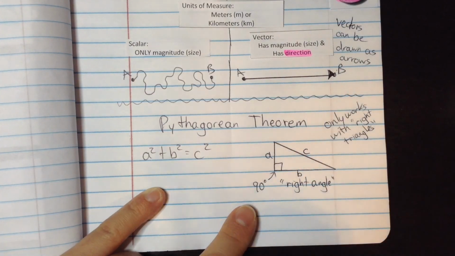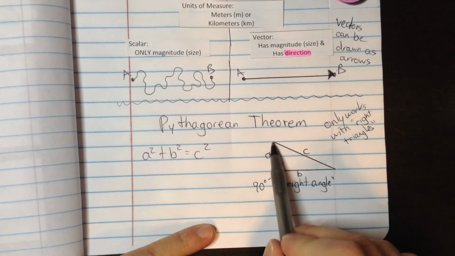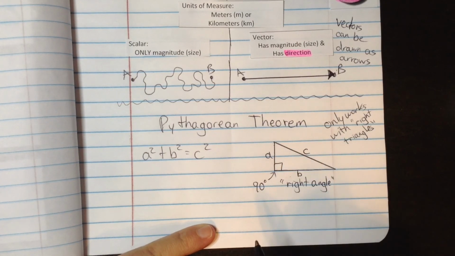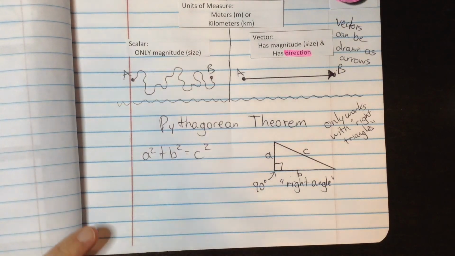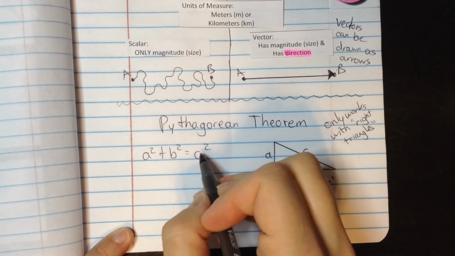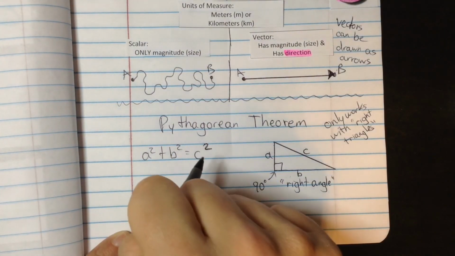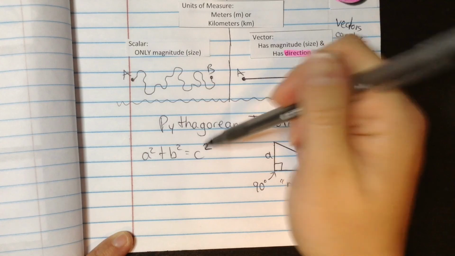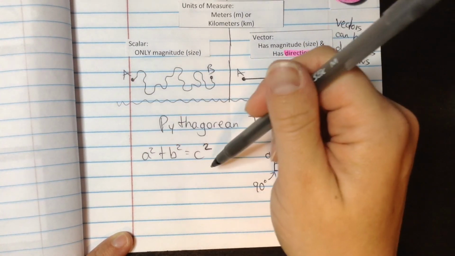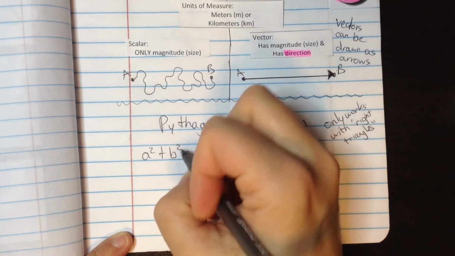Now, in physics, especially in my class, the only thing we're solving for is the C. We will have A and B, and we'll need to find what C is. So we need to rearrange this formula so that we're solving for C. This formula doesn't solve for C, it solves for C squared. Well, we want C all by itself. So we want to get that squared out of there, and you have to do the opposite.